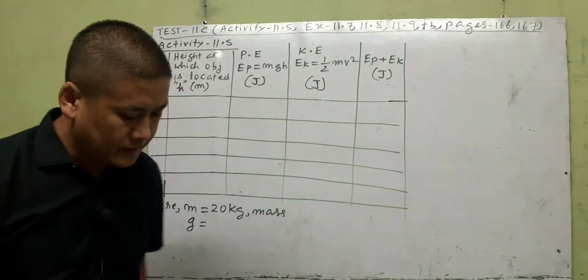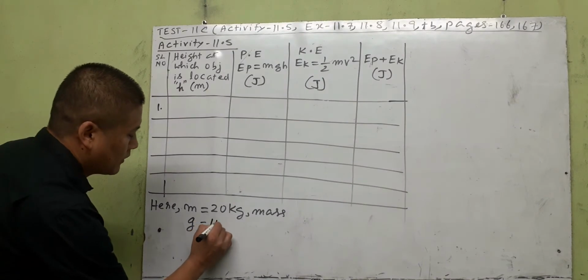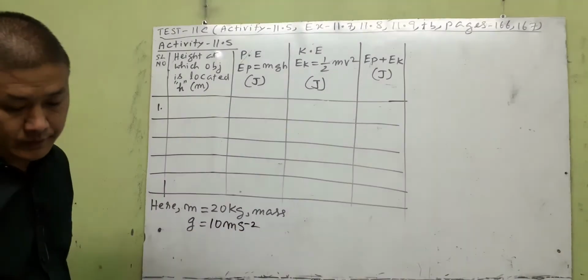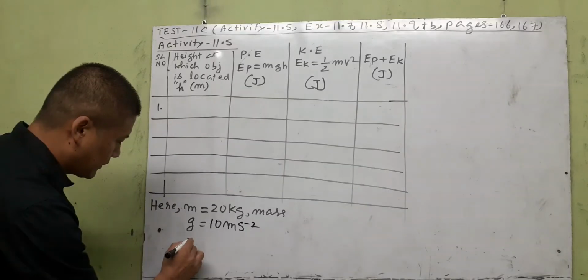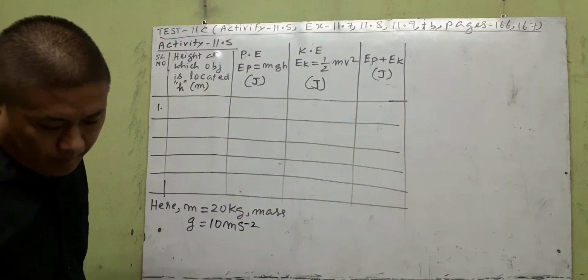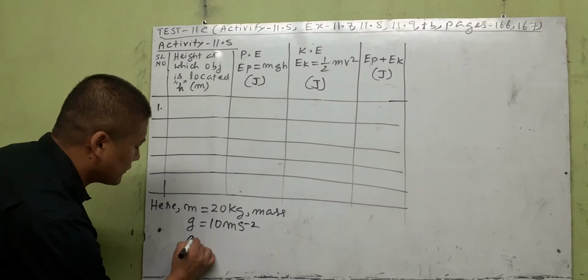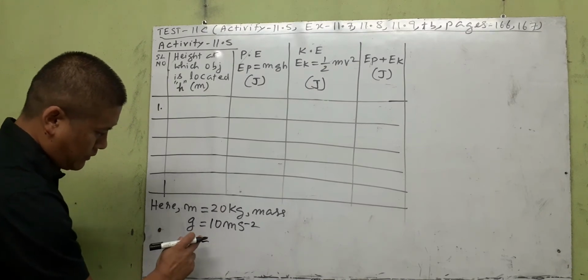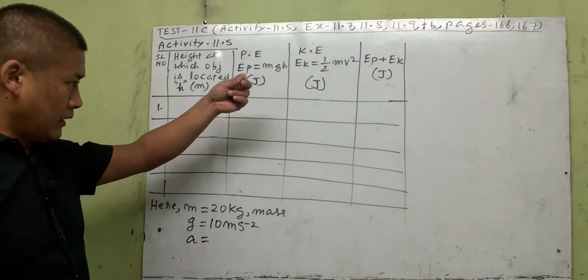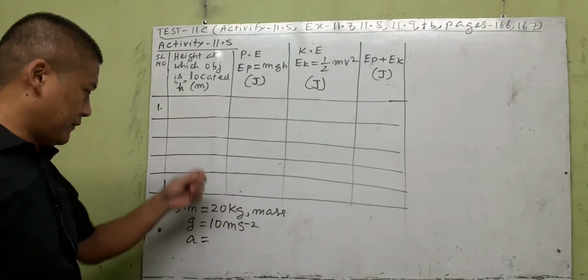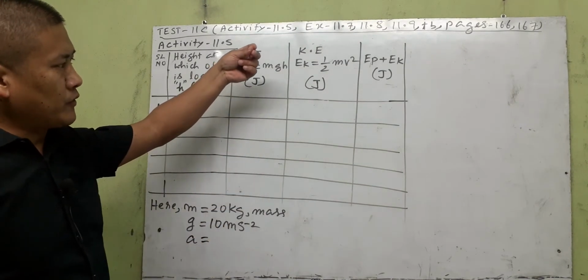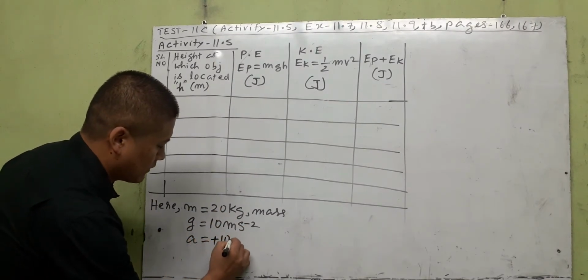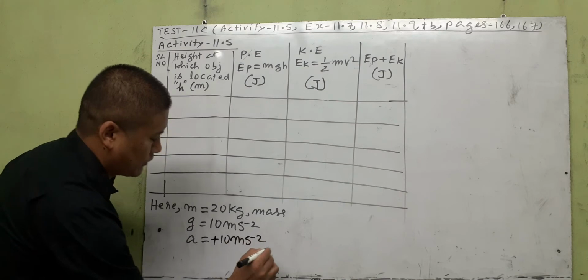Take the value of g as 10 meters per second square. So the question has given us 10 meters per second square, and then in that case we're going to use a, acceleration also. So a is the same as g when the object is dropped. So it is traveling in the same direction from top to bottom, means g is always positive, a is always positive, so plus 10 meters per second square.